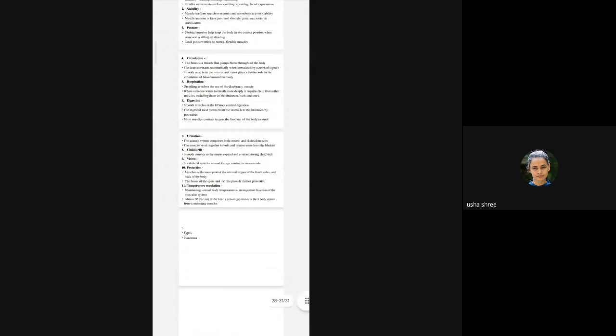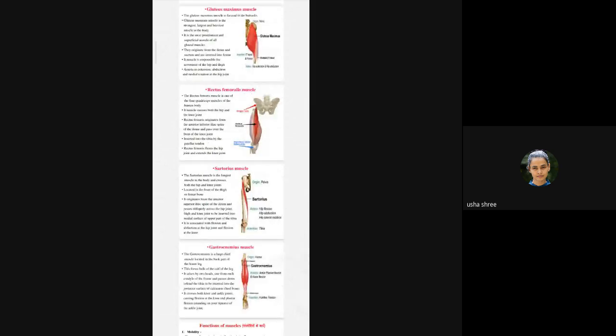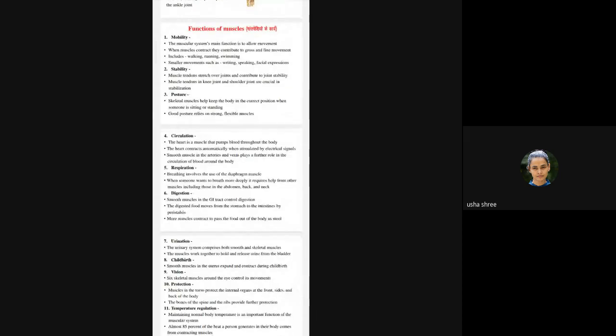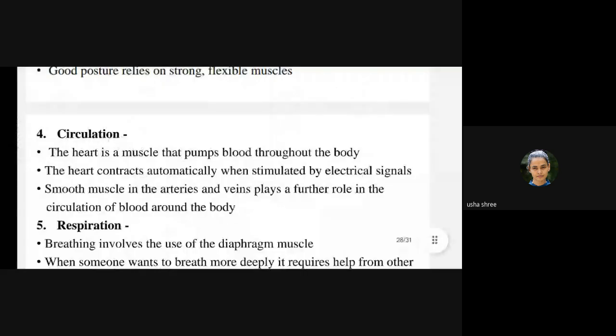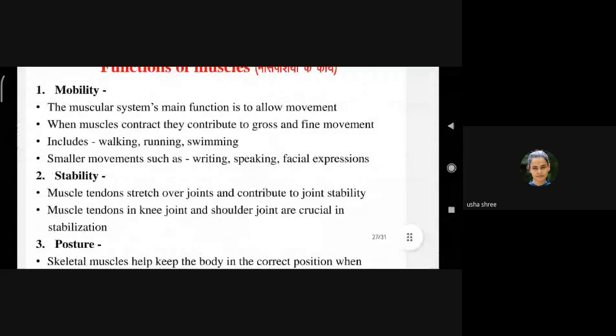Any questions? Any doubts? Any confusion? Can you go back to the functions? Yeah. These are the functions. Can you rotate the slide deck? Yeah, obviously. Here, you will get all these slides.